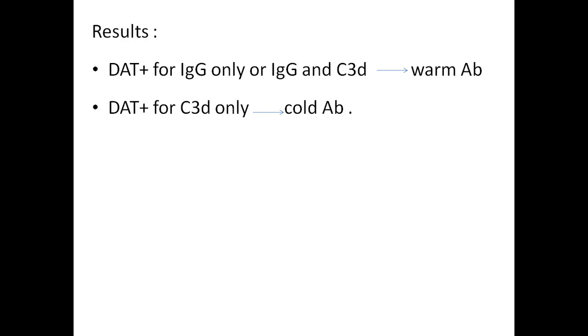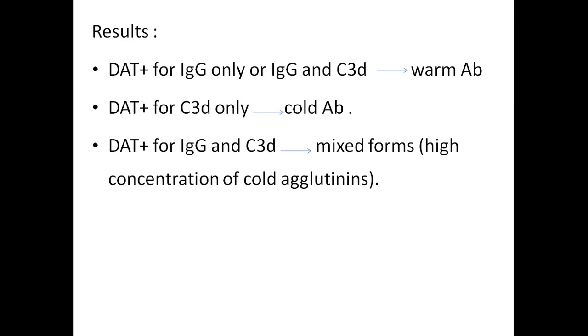Results: direct antiglobulin test positive for IgG only or IgG and complement indicates the presence of the warm antibody. Direct antiglobulin test positive for C3d complement only indicates the presence of the cold antibody.